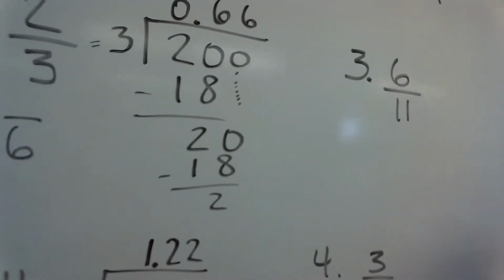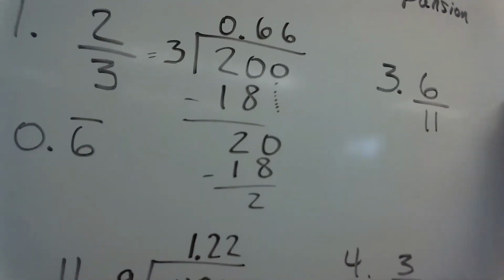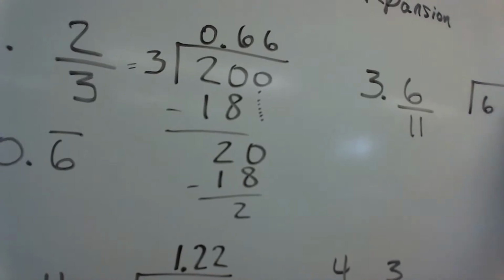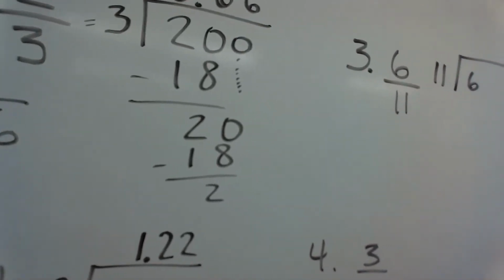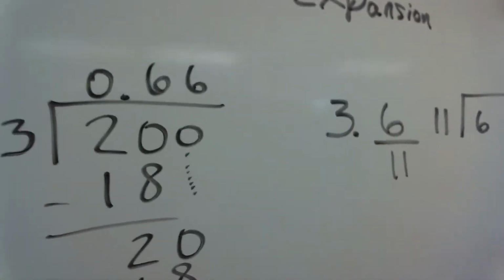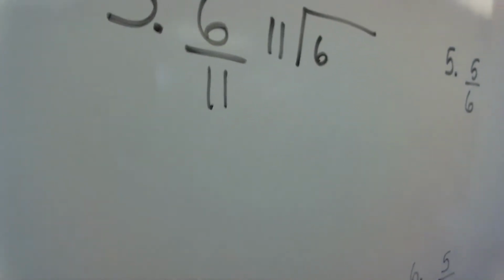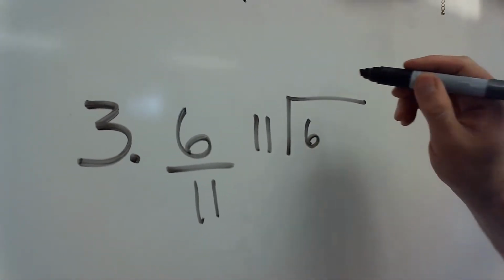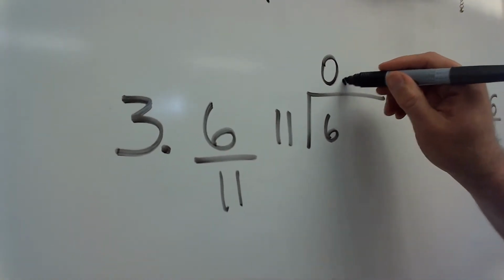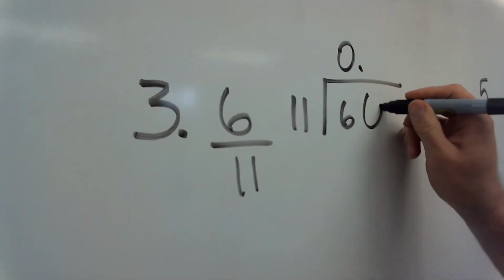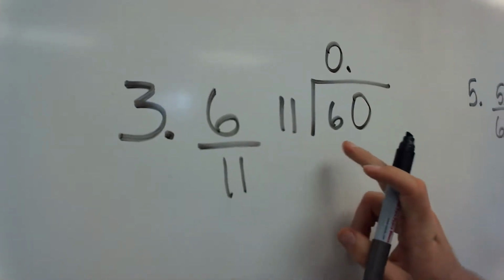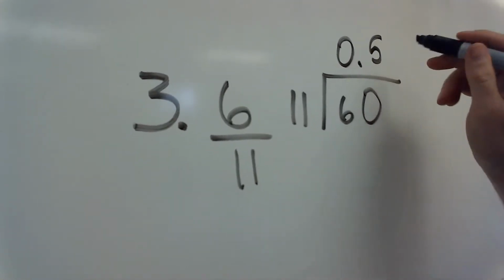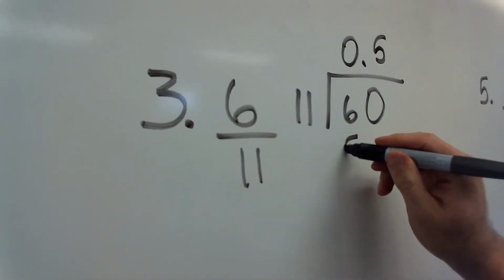Number 3, 6 divided by 11. 11 cannot go into 6, so we put a 0 on top, add a decimal point. Bring a 0 down here. 11 goes into 60 5 times. 5 times 11 is 55.